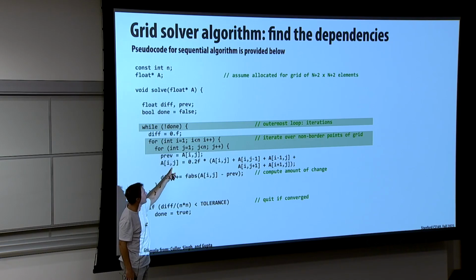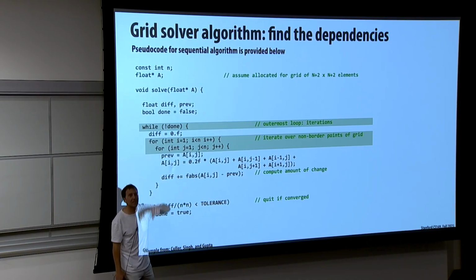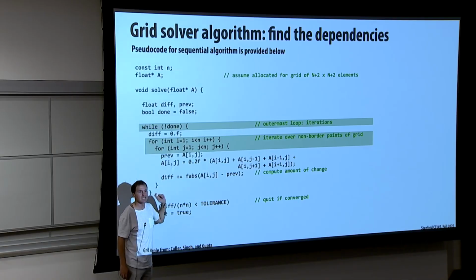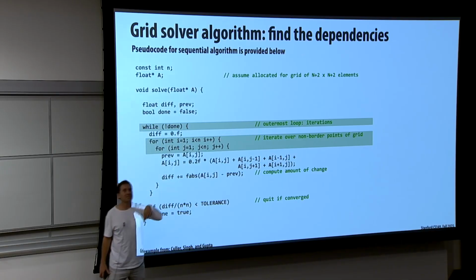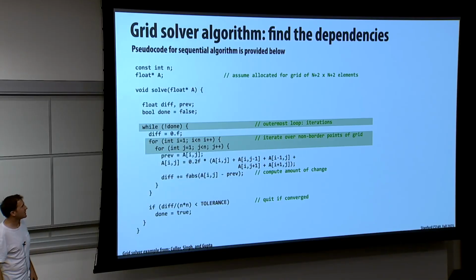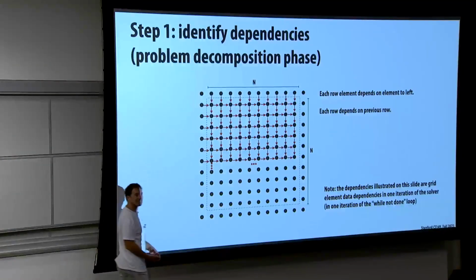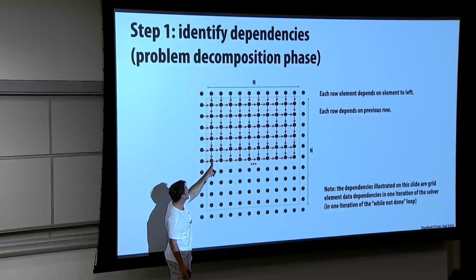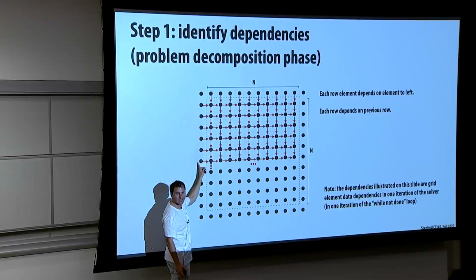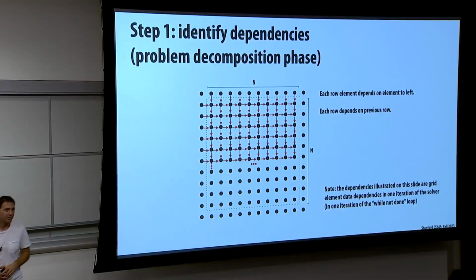My neighbors just got updated in the previous iteration of the J loop. So I cannot do the next iteration of the innermost loop until I complete the previous iteration of the innermost loop. So your dependencies might look a little bit like this. The red arrows say that the black dot is dependent on another dot if there's a red arrow from an external thing to me.